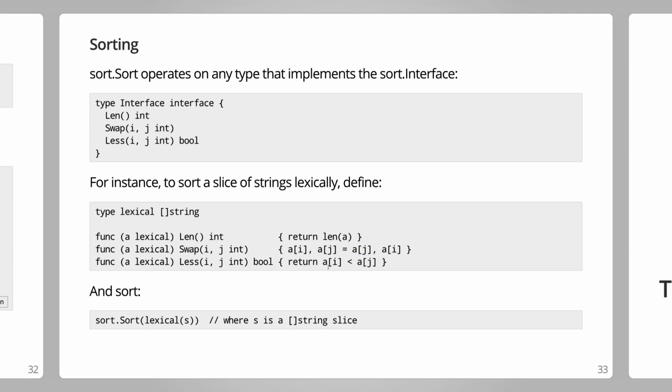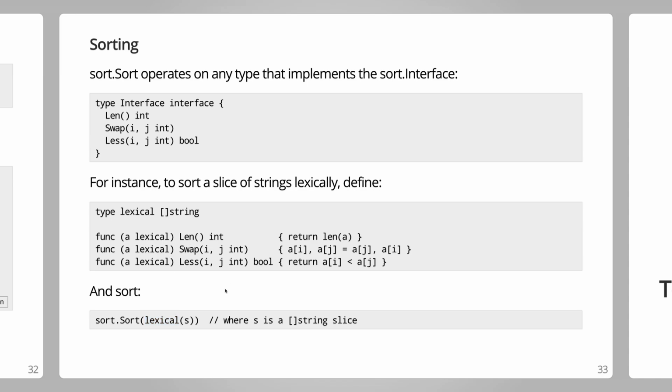If you implement these methods on your type, then you can just use the sort function from the standard library in this way. So s here is a slice, and we cast it, or make it into this Lexical type that we already declared the sort methods for.